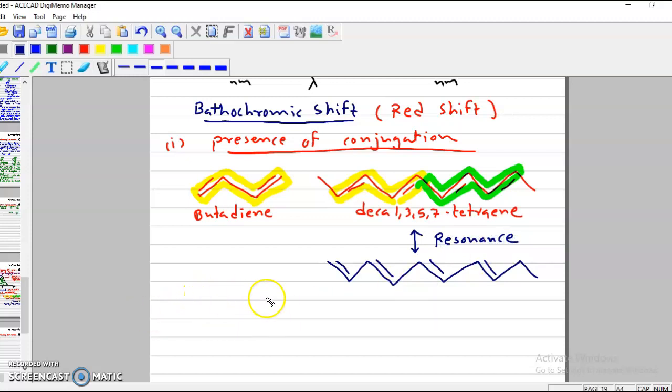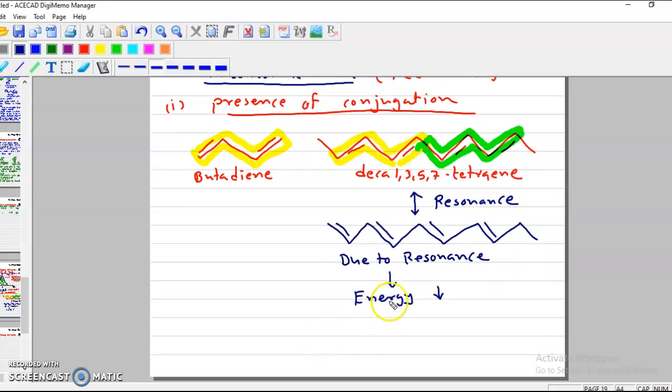Now, due to resonance, electrons move from one end to another and energy decreases. If energy decreases, you know that E is equal to hc upon lambda, and E is inversely proportional to wavelength. So we can say that when energy decreases, wavelength increases.